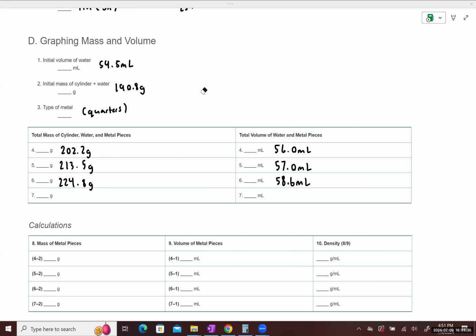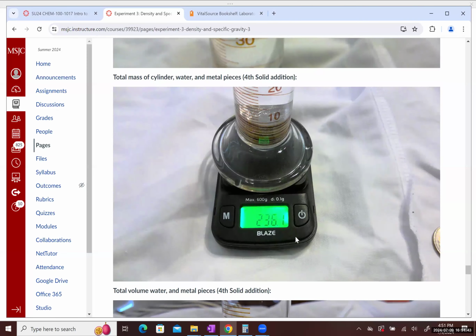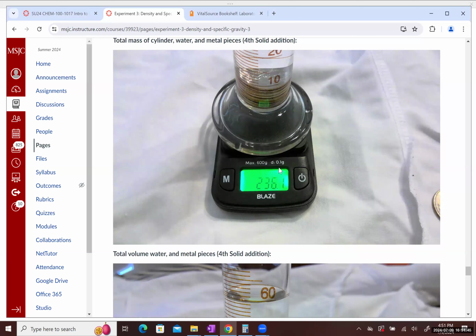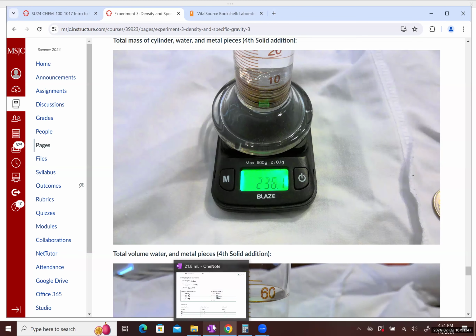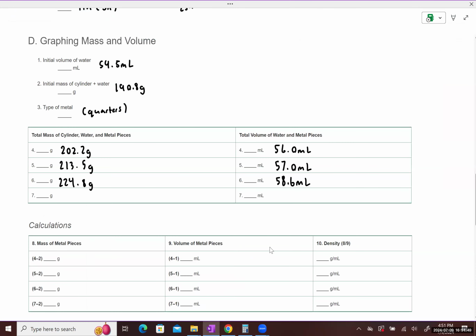Okay, now let's continue on to our last and final solid addition. In this case, we have a total mass of 236.1 grams. Now let's move on and record the volume.